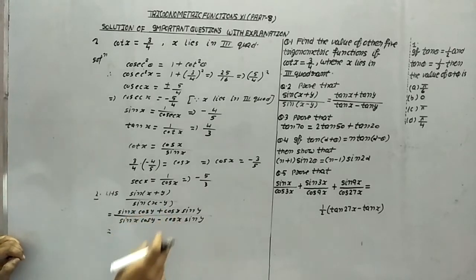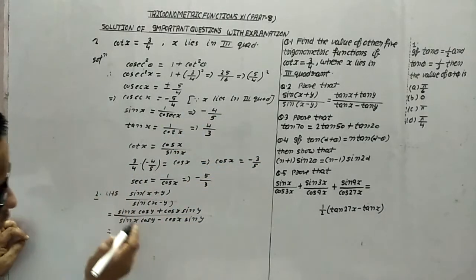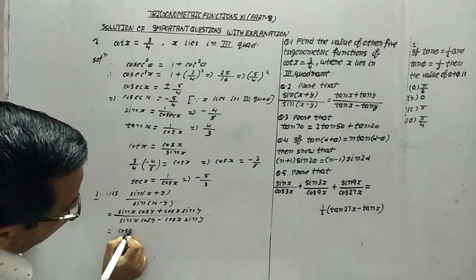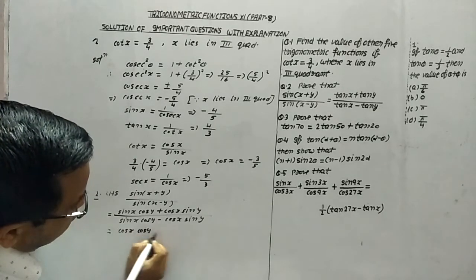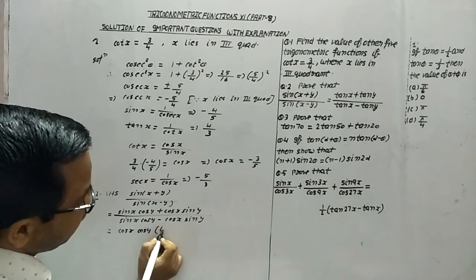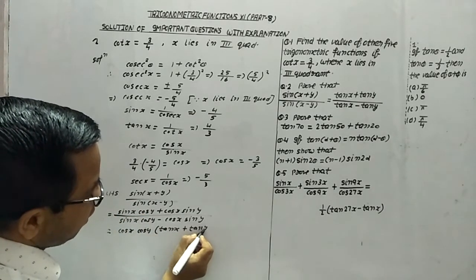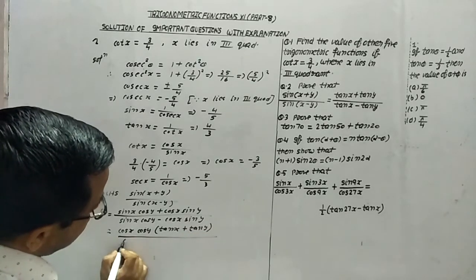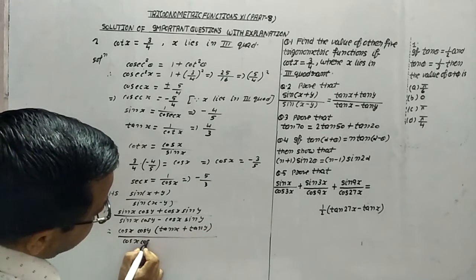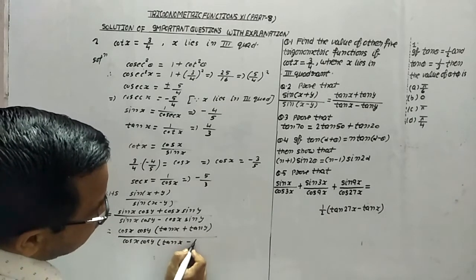Now because we want the result in tan, we will take cos x cos y common throughout. Once we take cos x cos y common, sin x upon cos x is equal to tan x, and this is plus tan y, upon, here also taking cos x and cos y common, tan x minus tan y.